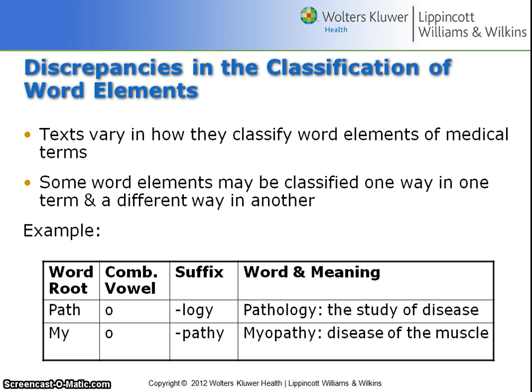The suffix is LOGY and PATHY. And as you can see, pathology will mean the study of disease, and myopathy, disease of the muscle. So, different suffixes that have similar meanings.